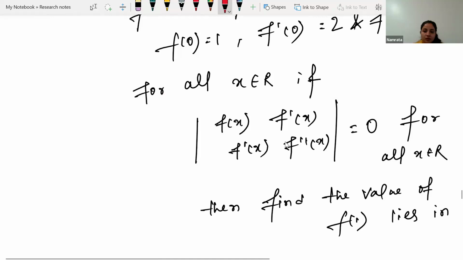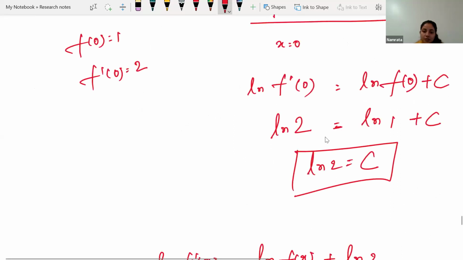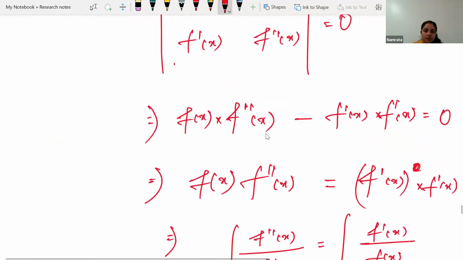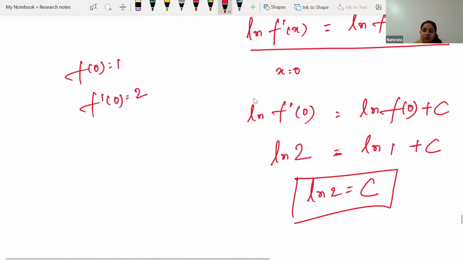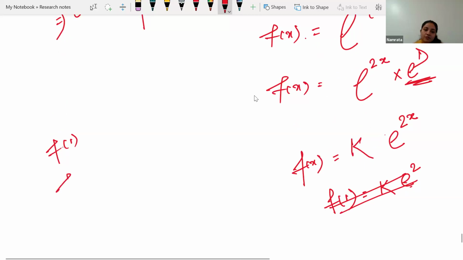Before that, if we use the given condition again, is it possible to get the value of k here? Just a moment. Before doing this, if we take the given condition, that is f of 0 is equal to 1, is it possible to get the value of k?